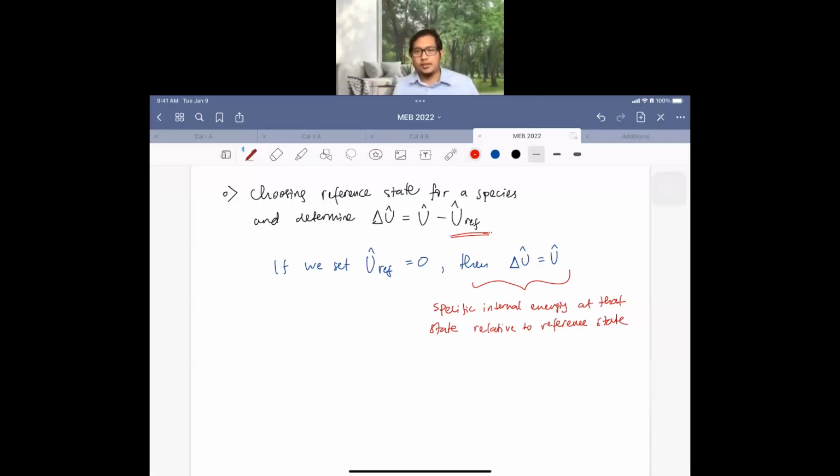Now from this internal energy, we can also include the enthalpy, from this definition. So this is the specific volume of the species at a given temperature and pressure.